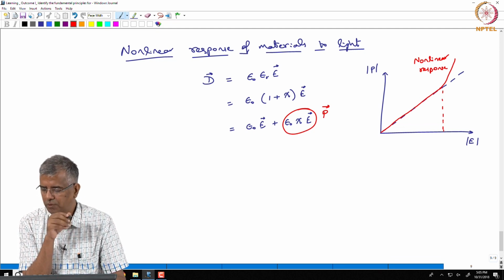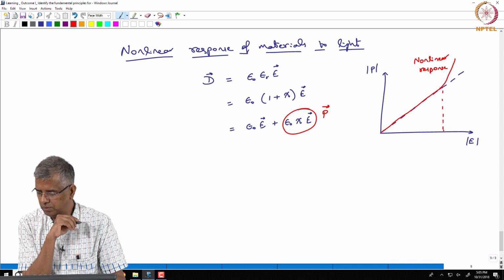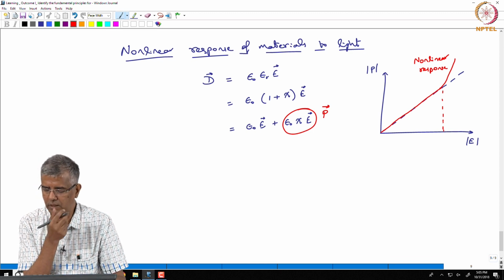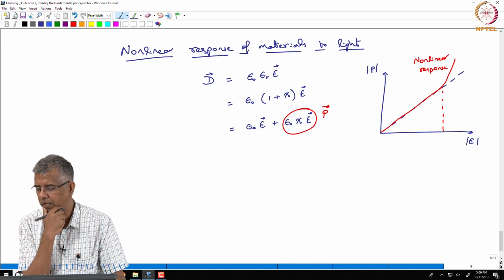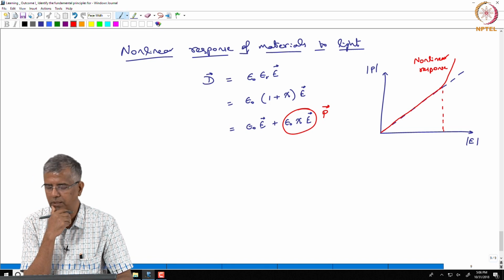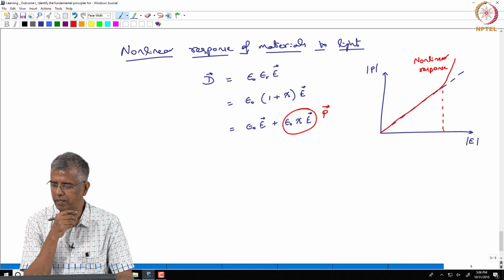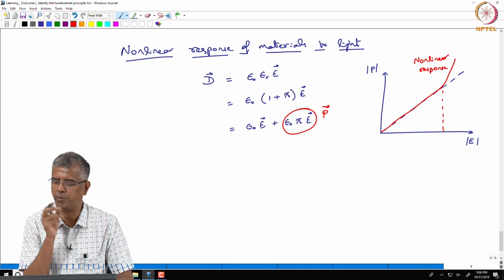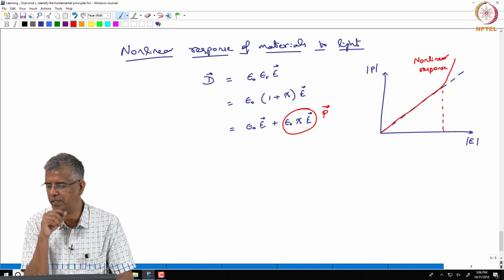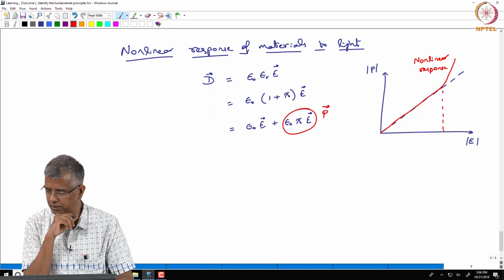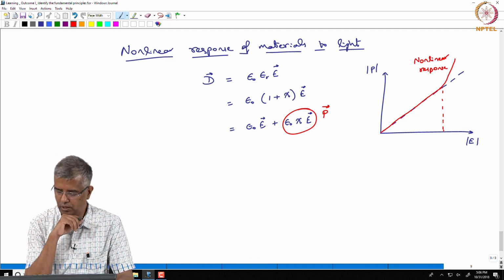So, most of the applications, including the communication applications that we consider in optical fibers, we typically rely on the linear response of the medium, and what we are saying is that the approximation of linear response is valid only up to a certain electric field.